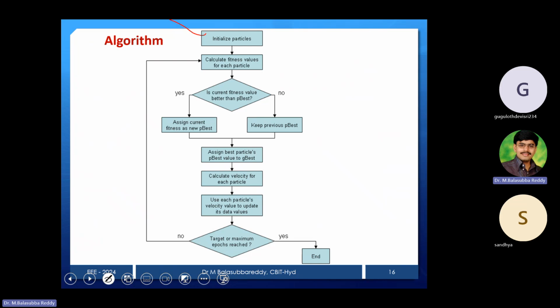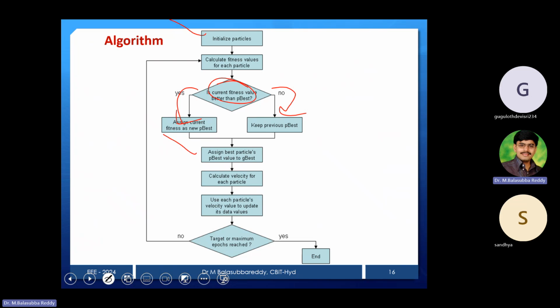Once the fitness is calculated, we have to compare whether the current fitness value is better than the previous. If yes, then assign the current best as new, like the 4 cases I explained now. If no, then keep the previous best. Then you assign the particle P best value to the G best value.